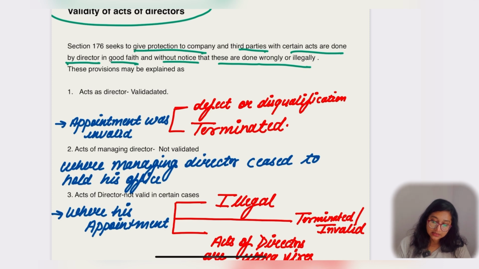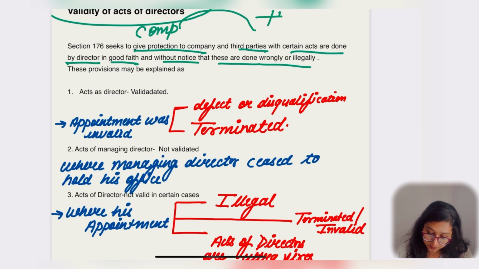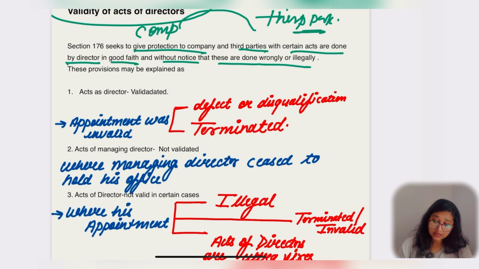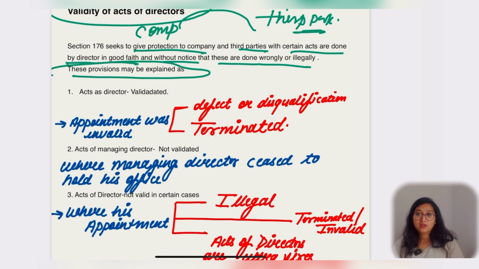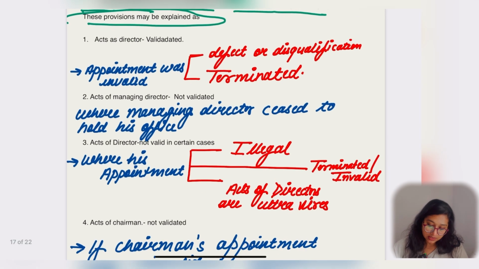What happens sometimes, the company gives protection to third parties, and certain acts are done by a director even in good faith, without noticing that these are done wrongly or illegally. So these are the provisions where some things are going to be validated and some are not validated. So let's go for it.